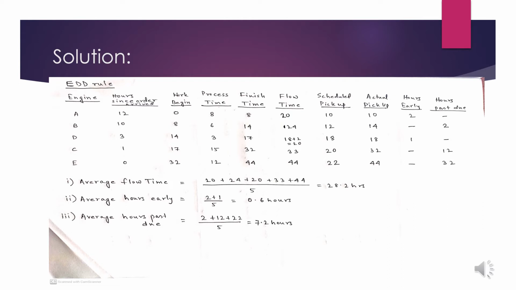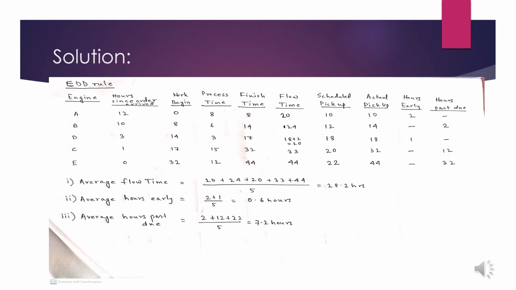The flow time of D will be 17 plus the hours since arrival, 3, so the total flow time will be 20. Next, C begins at 17, the processing time is 15, so the finish time is 32. The flow time, adding the hours since order arrived, becomes 33, and for E it becomes 44.